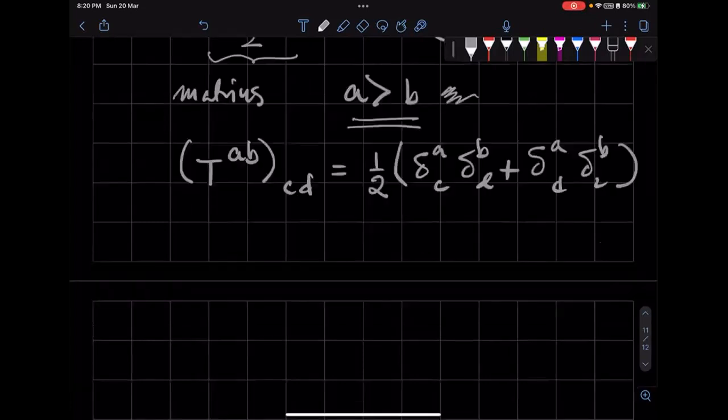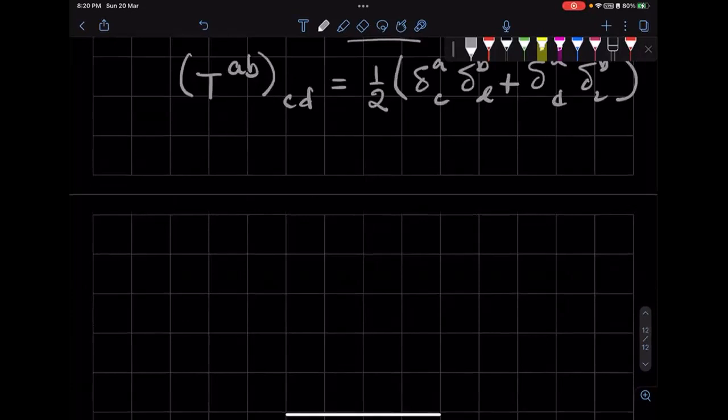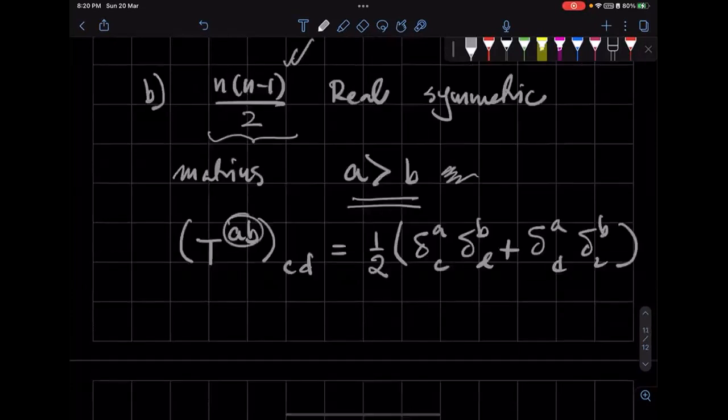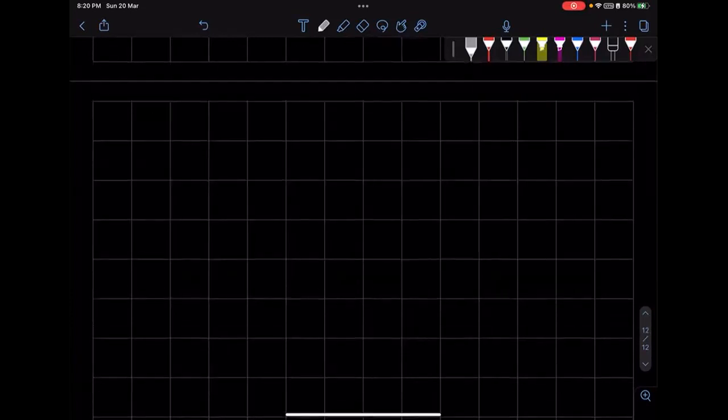So suppose that A and B themselves, these are labels, right? But the labels we can form a matrix out of them in principle. Say A goes this way, B goes this way. So this will be an n by n matrix, right?